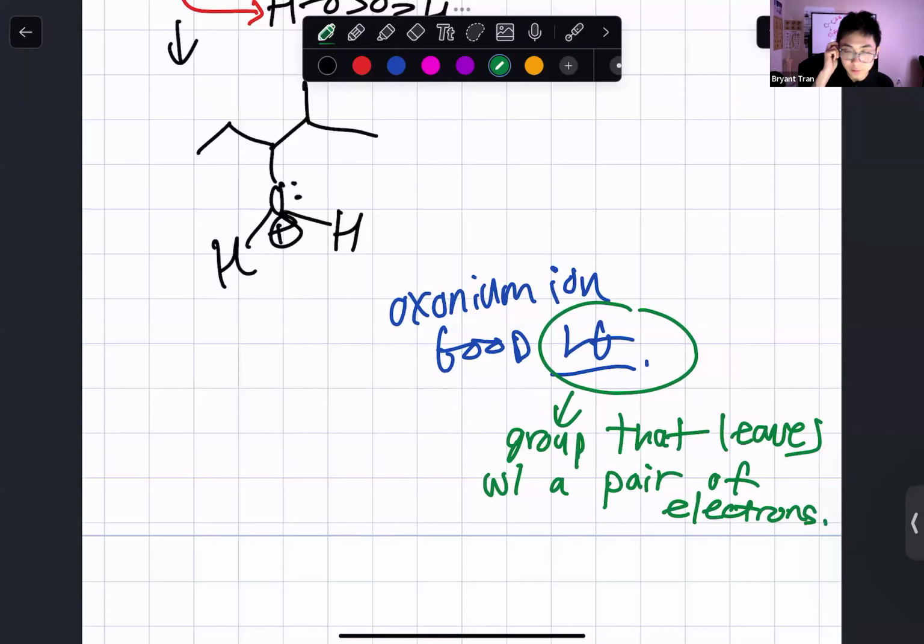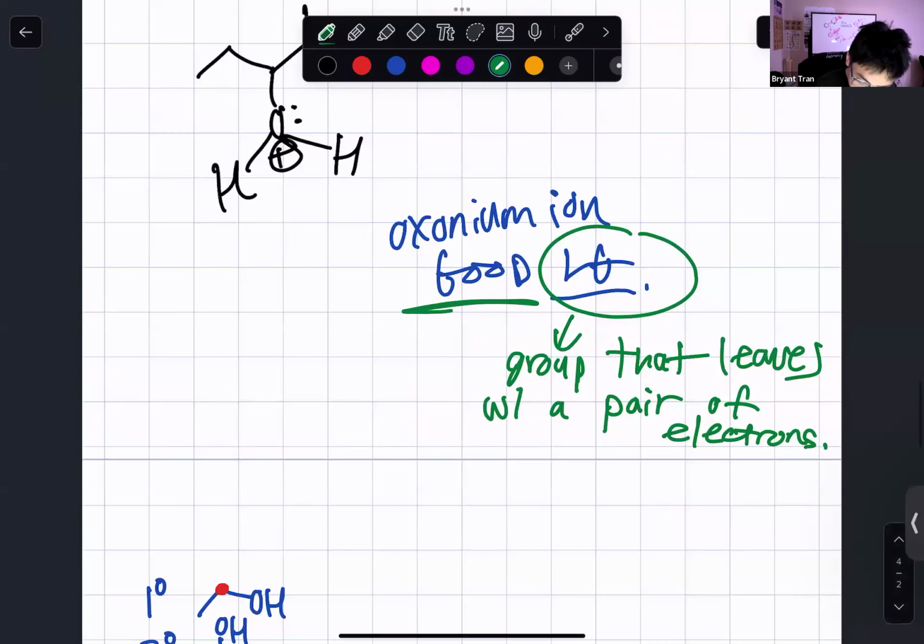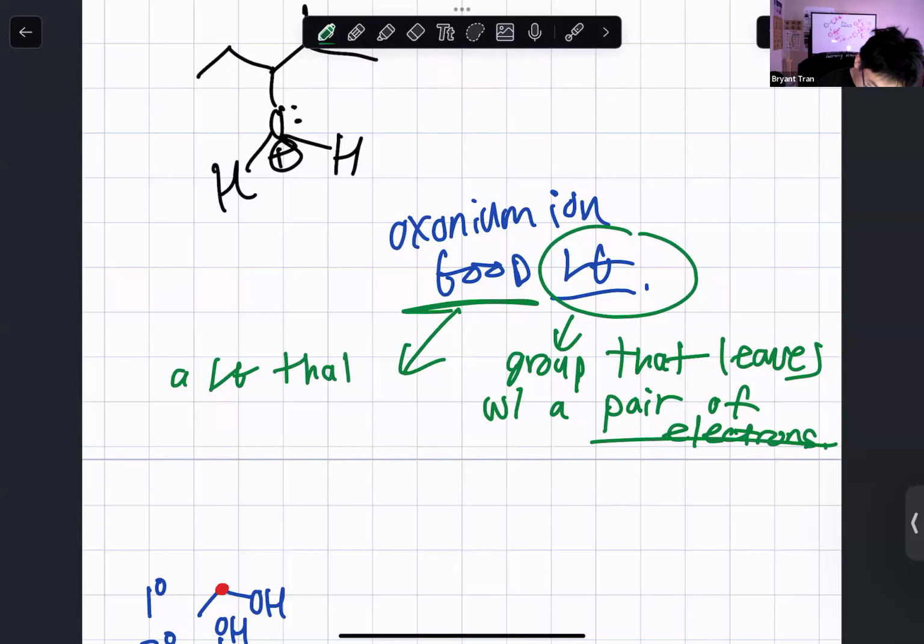Some leaving groups will leave and become stable, which is this leaving group right here. And a good leaving group is a group that leaves with a pair of electrons that can stabilize that pair of electrons.